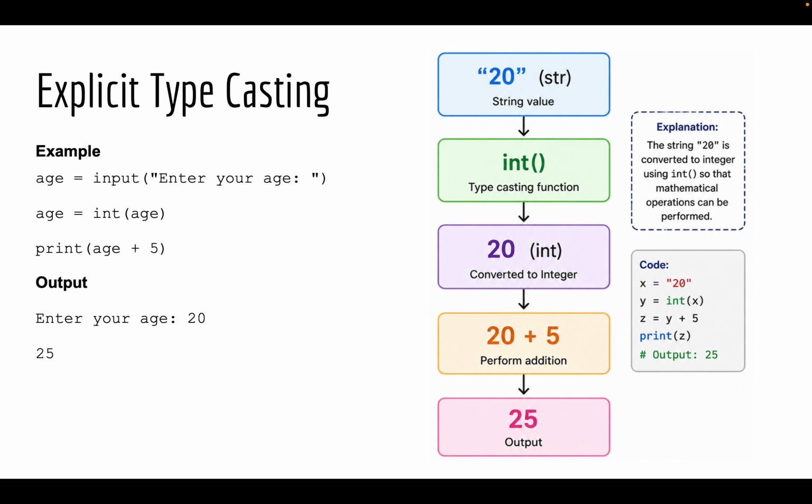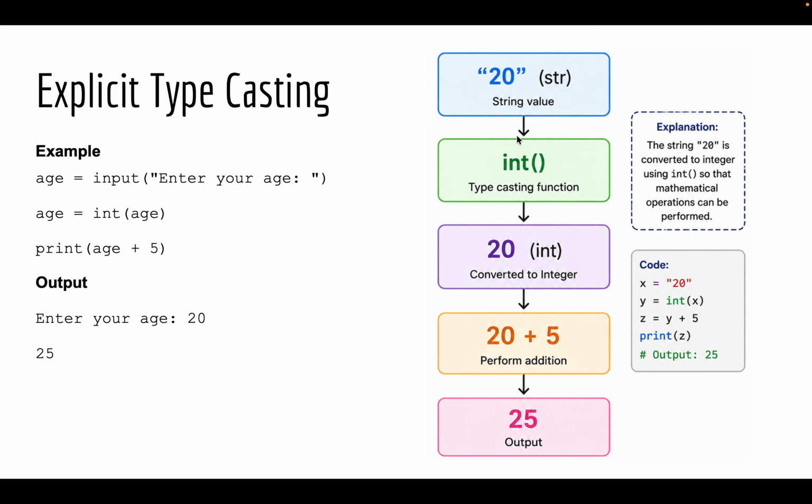Now let's consider an example. Here, if the user enters 20 as their age, we know that Python takes input() as a string. So it won't be an integer value stored. So if we want to perform any arithmetic calculations with the value entered by the user, we have to convert it into an integer to perform the arithmetic operation.